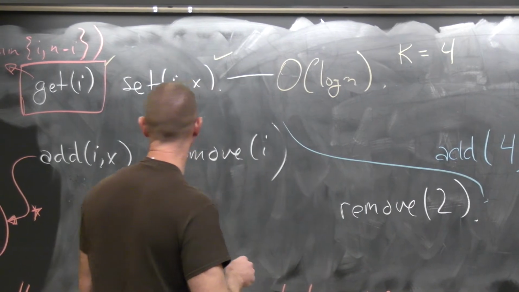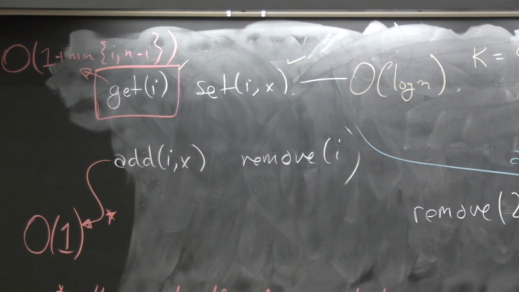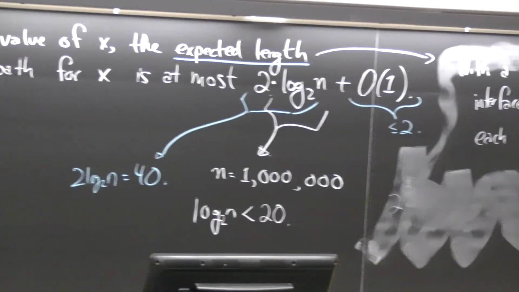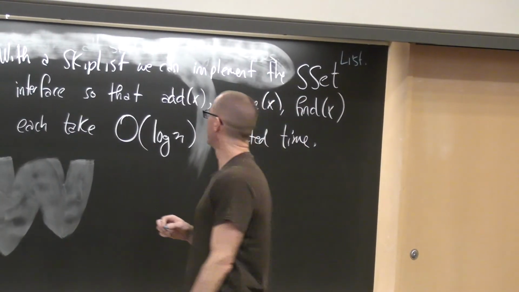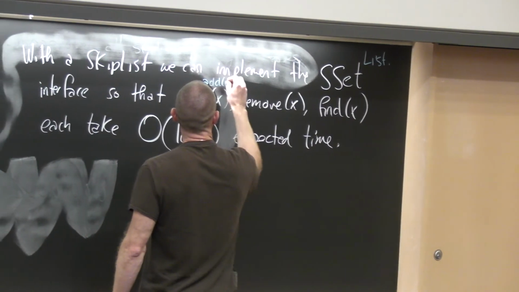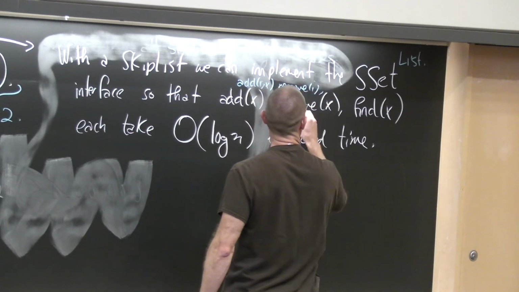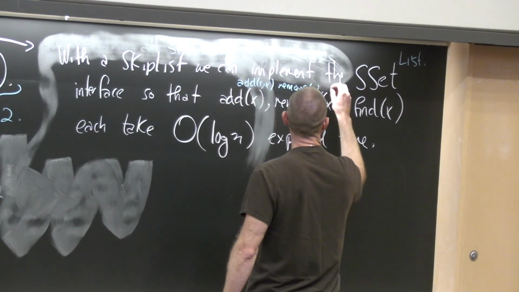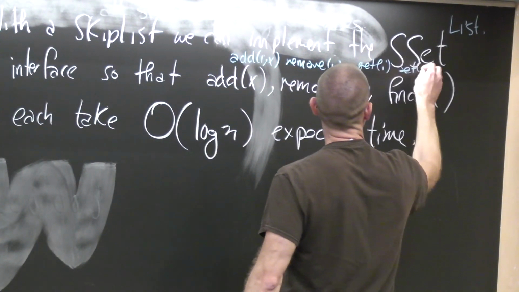Good. So now I can write down again: using a skip list, we can implement the list interface so that add(i, x), remove(i), get(i), and set.